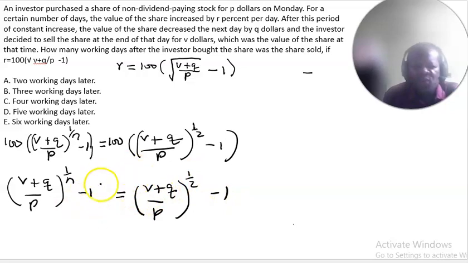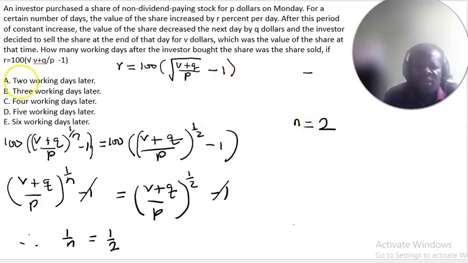You have minus 1 on both sides, so these two cancel. Now if you look at it, you discover that the base here is the same in both cases. Now according to the law of indices, if the bases are the same, the powers will be the same. So therefore 1 over n equals 1 over 2. So from here you cross multiply, n equals 2.